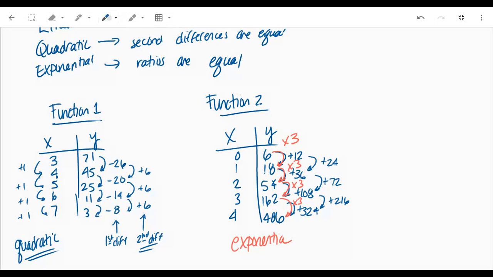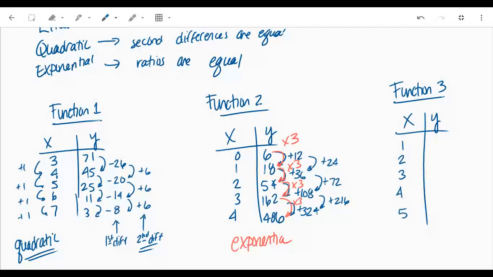And then I have function 3. So this one again, let's figure out, this would be minus 10, minus 6, minus 2, plus 2.